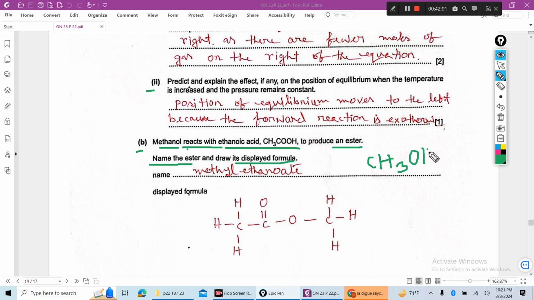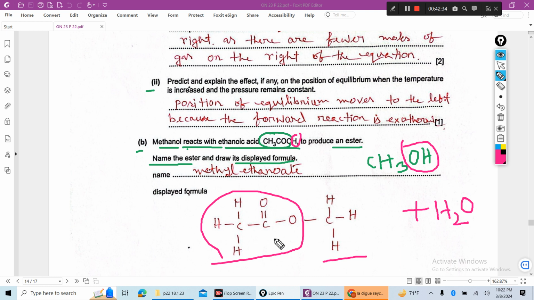methanol, this is the alcohol part, and ethanoic acid, this alcohol will lose OH group, acid will lose only hydrogen, so water will be produced, and ester will be methyl ethanoate.